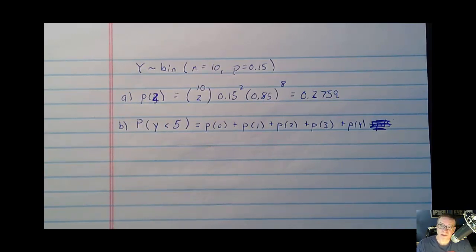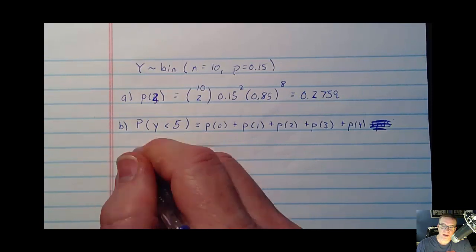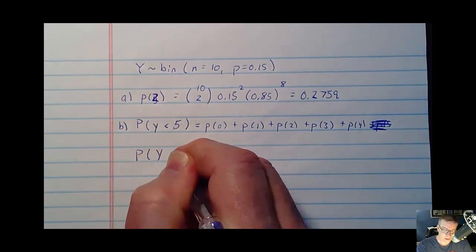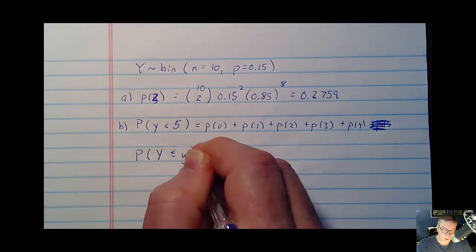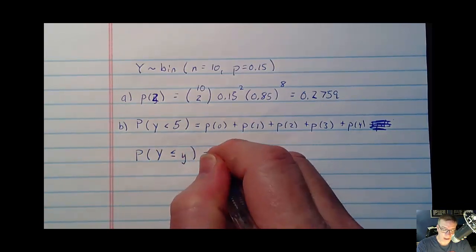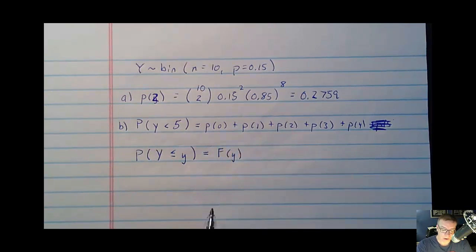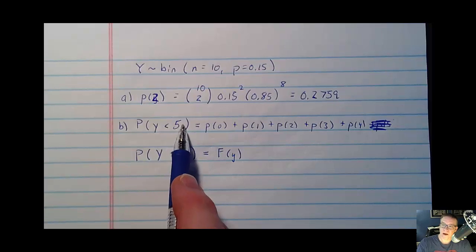So what we might want to do is think about this in terms of what's called a cumulative distribution function. A cumulative distribution function means that we are looking for probabilities in the form y is less than or equal to some value right here. And we will call this capital F of y.